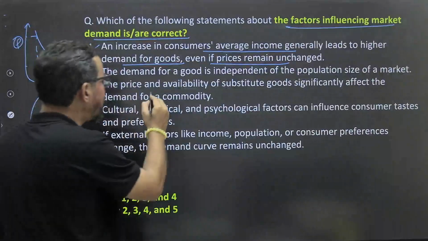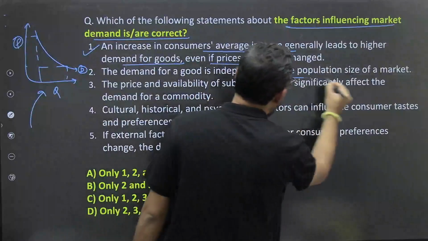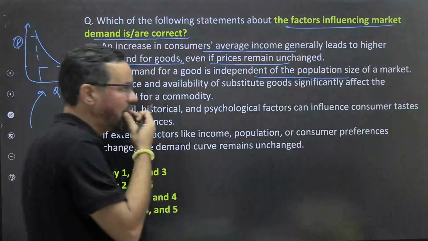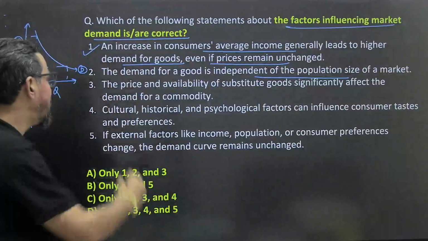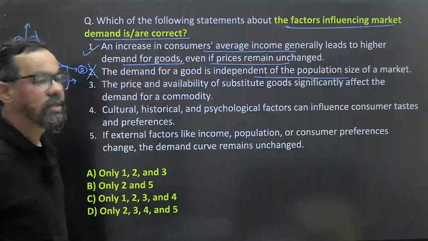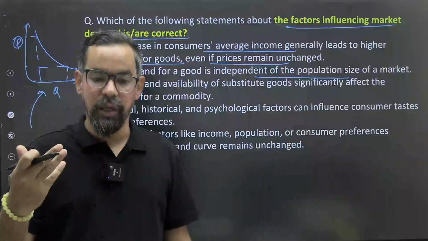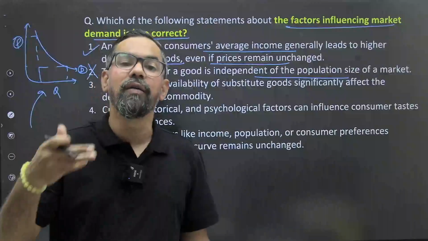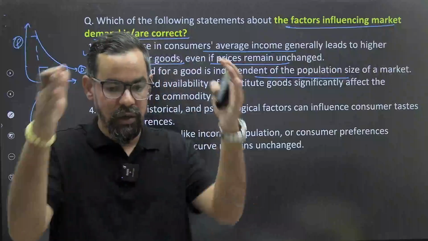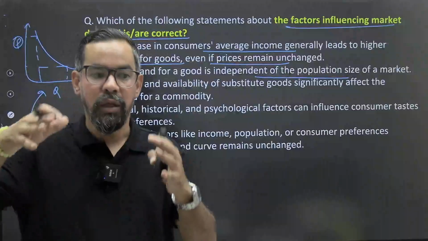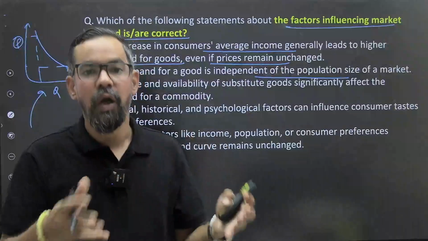The statement that the demand for goods is independent of the population size of the market is wrong. Why is this wrong? Because when population increases, demand will eventually increase. Let's say in a region we have 100 people, and now in that same region, due to migration and all, we have 1000 people.